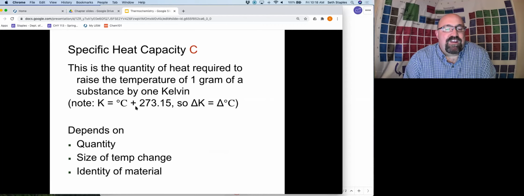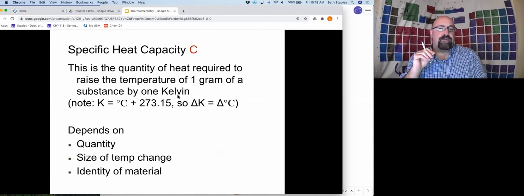Since it's a straight addition, just adding 273.15 to our degrees C to get to Kelvin, that means that a change of 1 Kelvin is equal to a change of 1 degree C. I point that out because the technical definition of specific heat capacity does use the Kelvin temperature scale. We're going to use mostly degrees C because that's what we usually measure in. They can be thought of as being used interchangeably here, because we're talking about temperature change, and temperature changes are equivalent between Kelvin and degrees C.